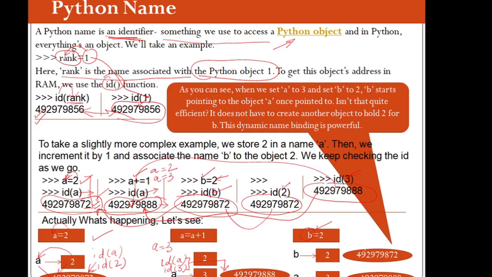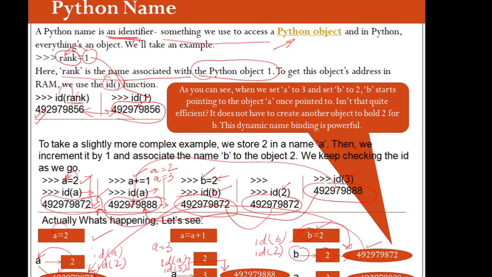It is giving you the object address same as this, right? Why is it so? Because this object 2 has already been assigned this address. Whenever this 2 is assigned to a name, it will start pointing to that. So if you try to find id of b and id of 2, it will return this.